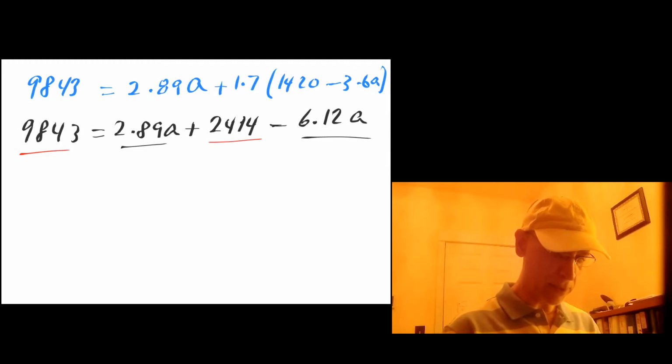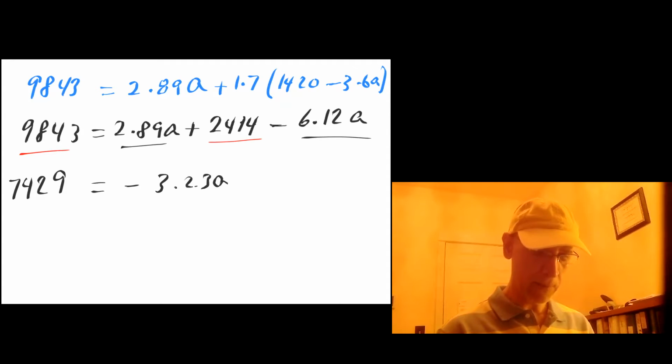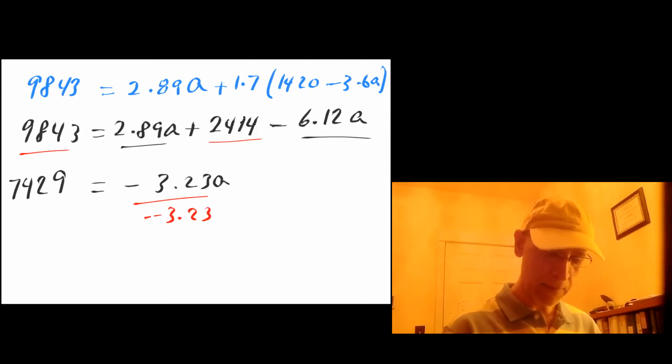Subtracting 2414 from 9843 gives me 7429, and that equals minus 3.23a. And so divide both sides by negative 3.23.